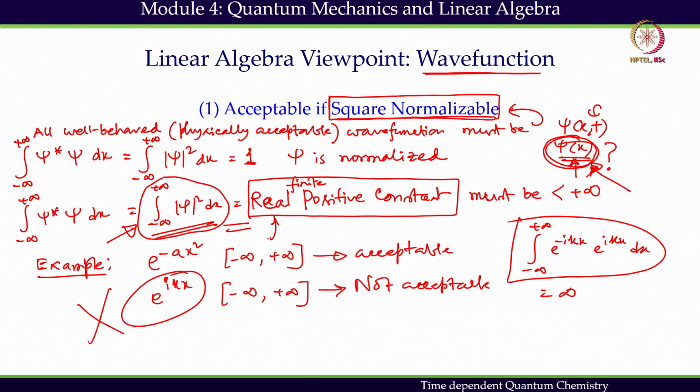One interesting mathematical fact about all square normalizable wave functions is that they all follow the property of a linear vector space.